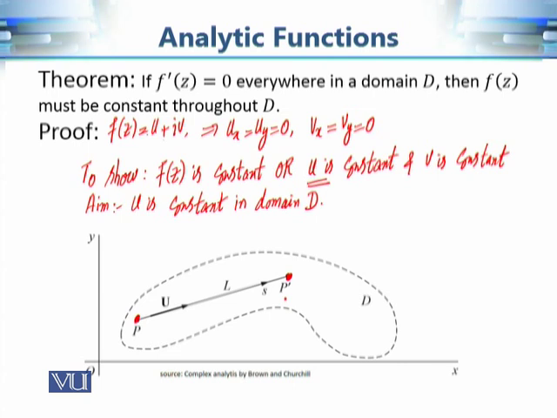Now the strategy that we are going to follow to show this is very simple. If we choose a line joining these 2 points, and if we restrict the function u on this one line, and let's call the parameter of this line s.